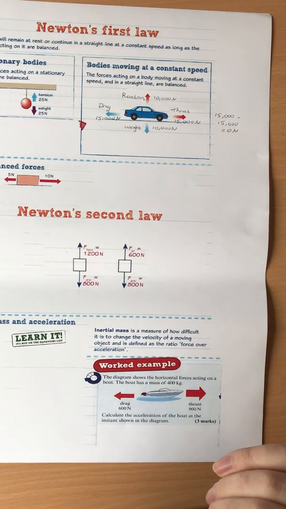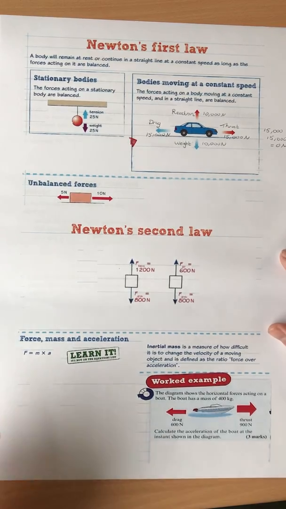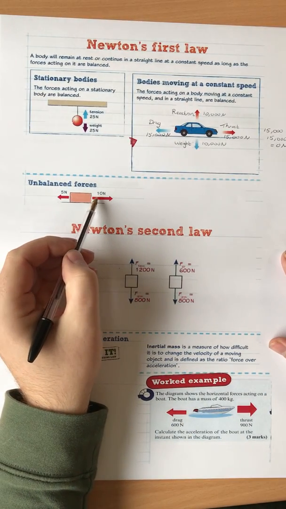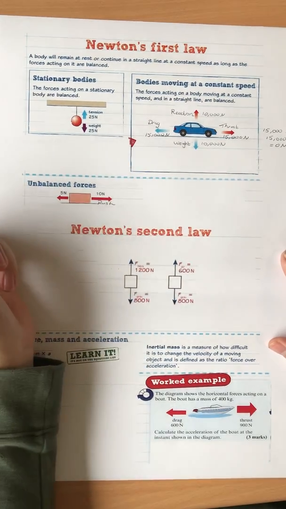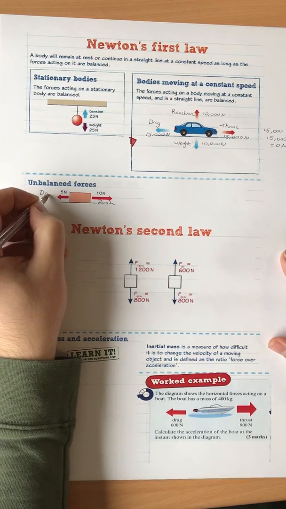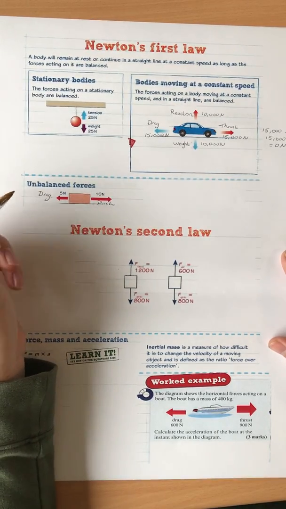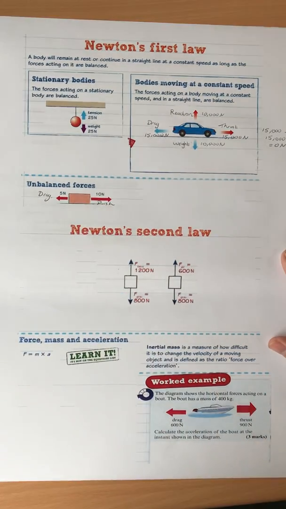A little bit more on resultant forces. Let's say we have a box which we apply a push force of 10 newtons this way, and a dragging force of 10 newtons is created to the left caused by the friction between the box and the surface of the ground.